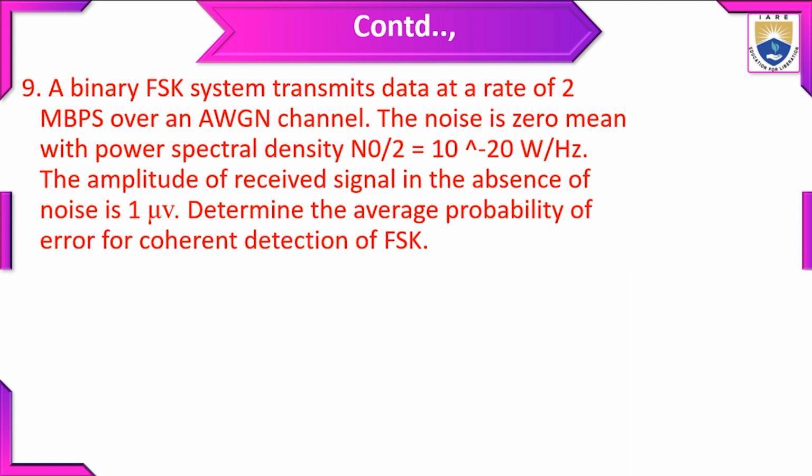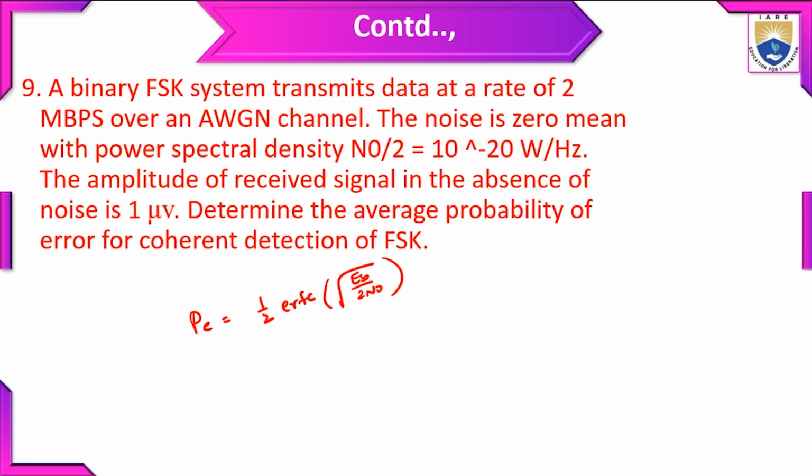Here also it is an FSK problem. We know the formula: probability of error is equal to 1 by 2 erfc of square root of Eb by 2N0. This is the required formula for FSK.